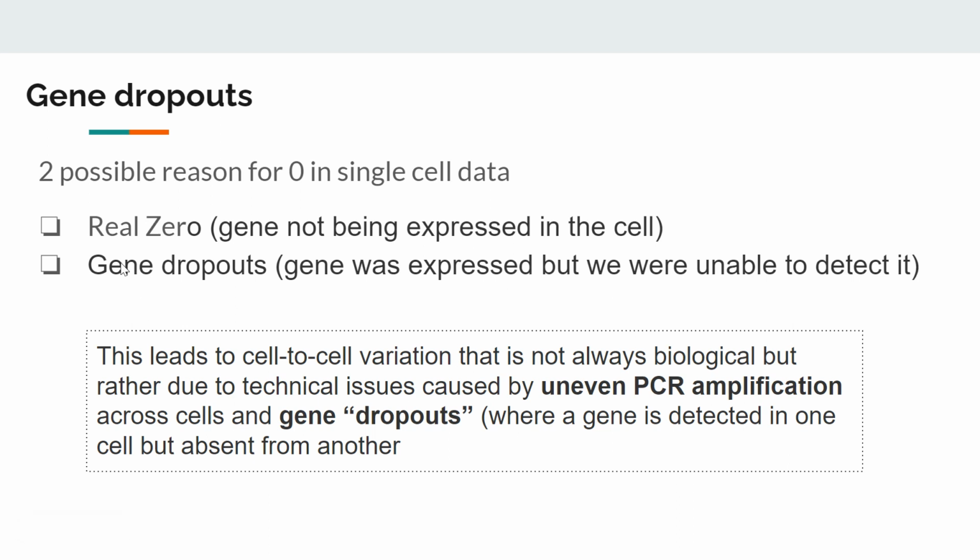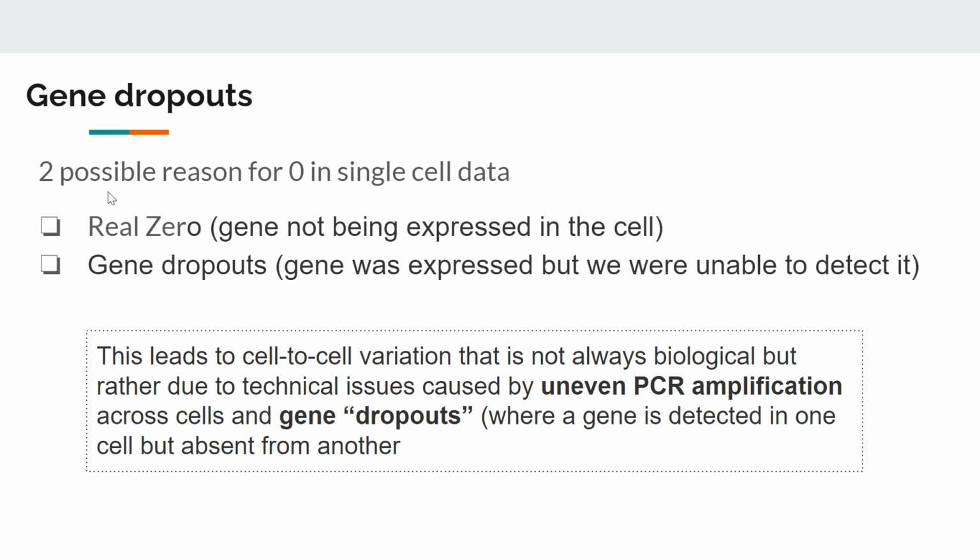But sometimes we get an artificial zero, or gene dropout, which means the gene is expressed, but your technology could not detect it. That is the limitation of the platform itself. 10x Genomics is not good enough to detect it. That is the error of that technology. You cannot do anything about it, but we have to deal with it in the data.